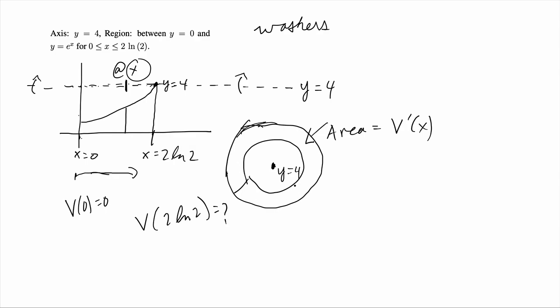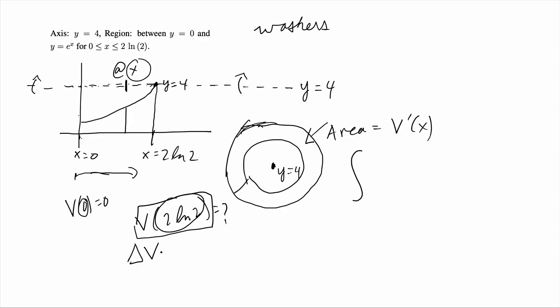So in order to find the volume right here, we compute an integral, in fact a definite integral, going from this beginning point to here. We want to get the change of the volume, because the volume starts out at 0. So the change of volume will be equal to the actual volume at this point. So this will actually be equal to the change of volume from 0 to 2 natural log of 2, since we're starting at a volume of 0.